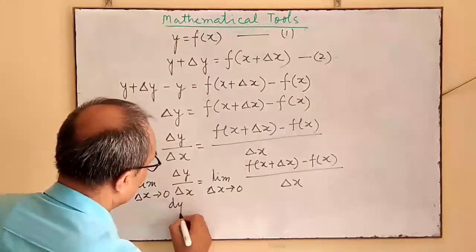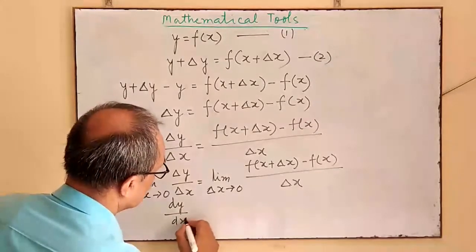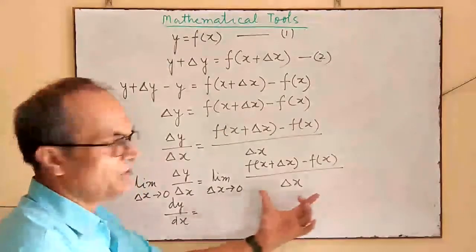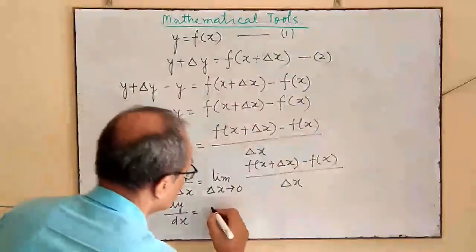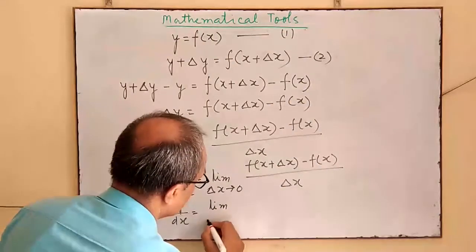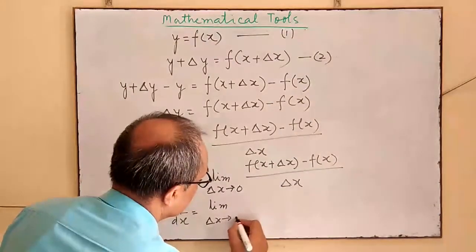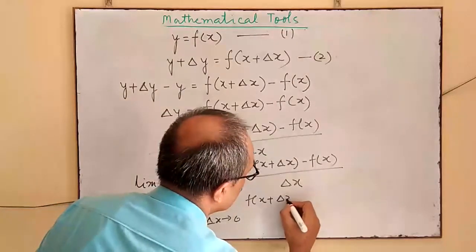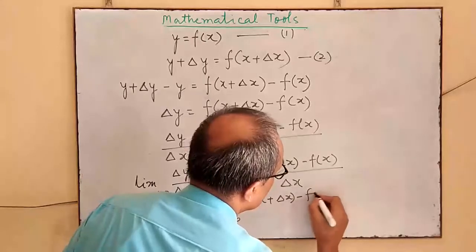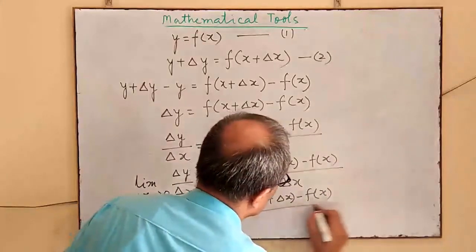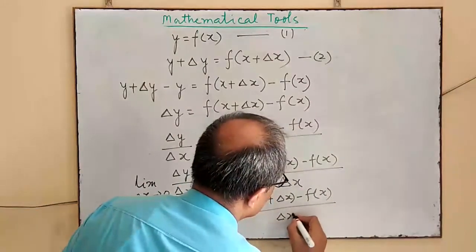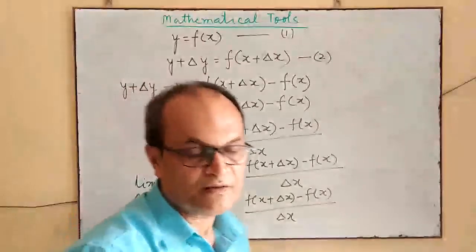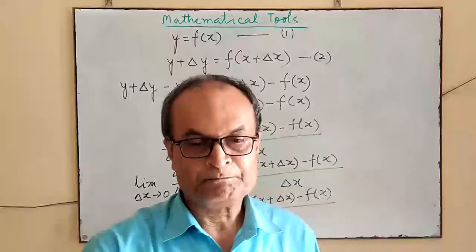So dy by dx equals this. I think you understand this very well.